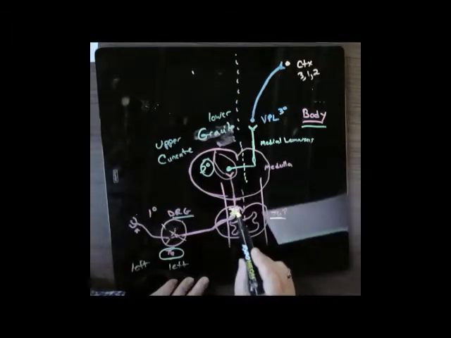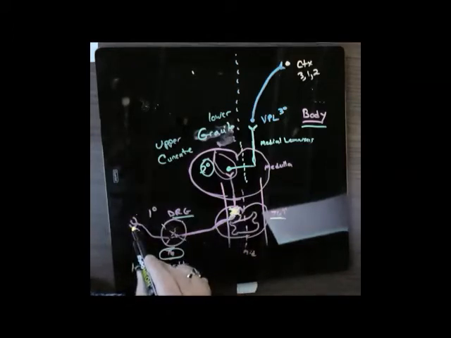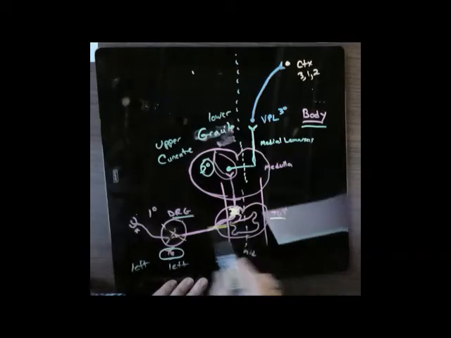So you're going to have a loss of fine discrimination touch. Now, will that be ipsilateral or contralateral? Here's the midline. So let's go back from the lesion to where we can't feel. Oh, here's where we can't feel anymore. So same side. This is all the left side. So the deficit will be ipsilateral to the lesion itself. You have a lesion of the left dorsal funiculus at T6.